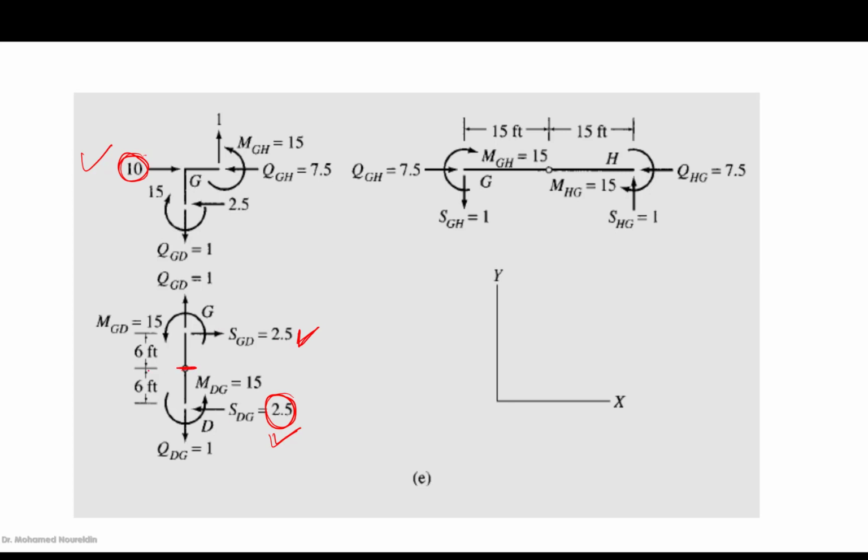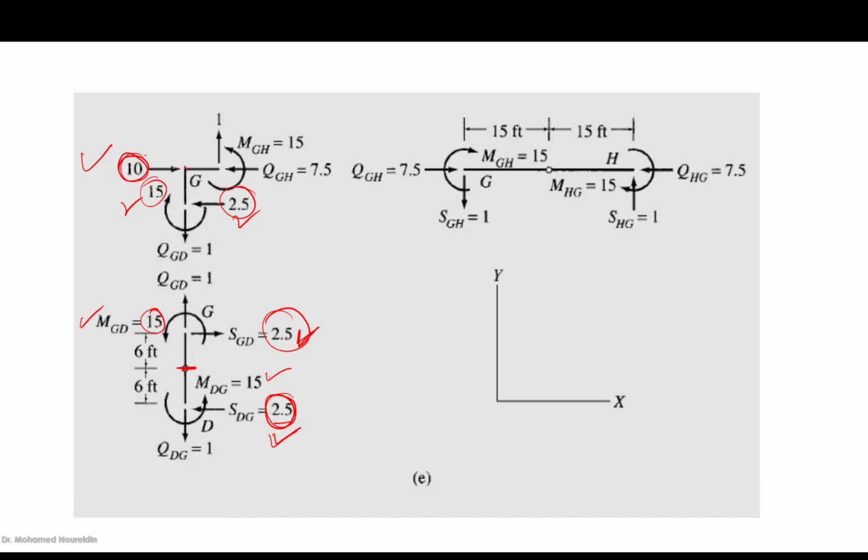Taking moment here, then we're going to get MDG, which is 15: 2.5 times 6. Moment 15 here, this moment is known, and in the same sense. So we now know the shear and the moment of this column. Then reverse this 2.5, it is going to be here, and the moment, which is 15, it is going to be here.